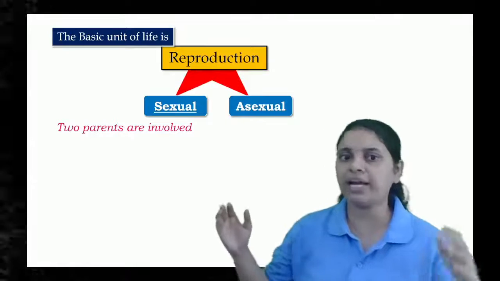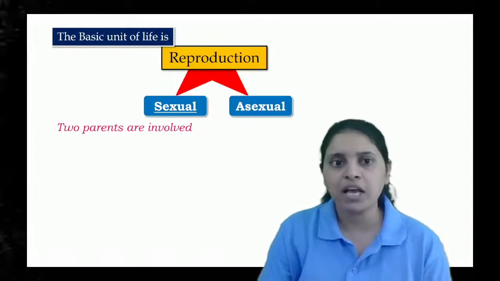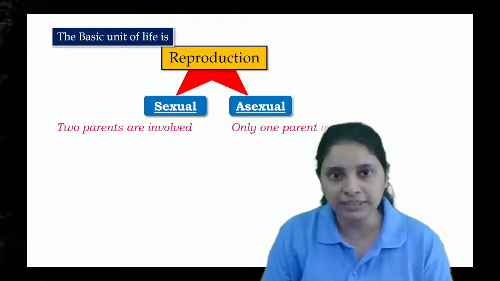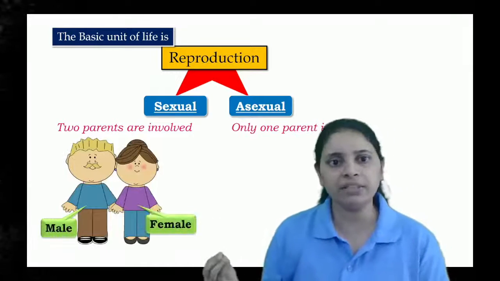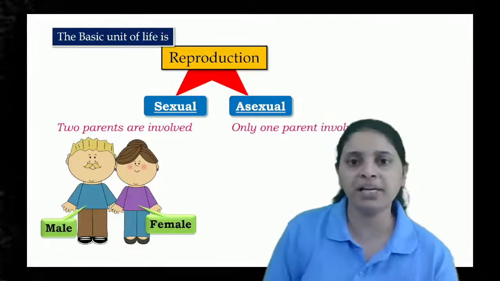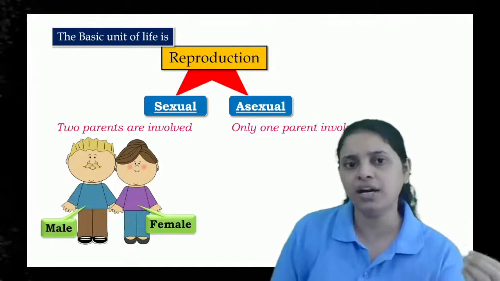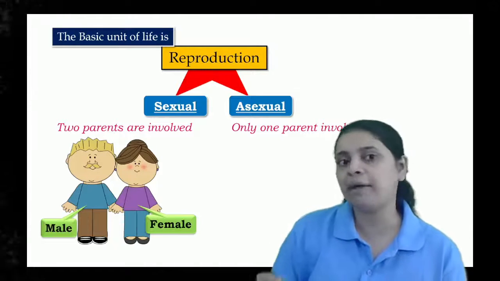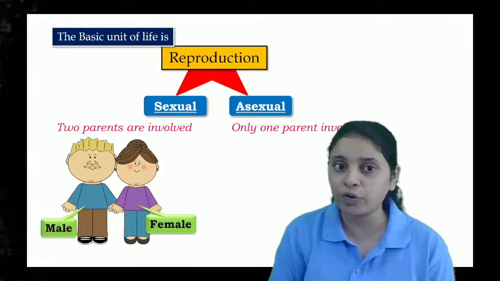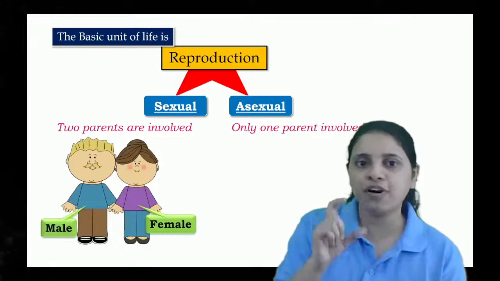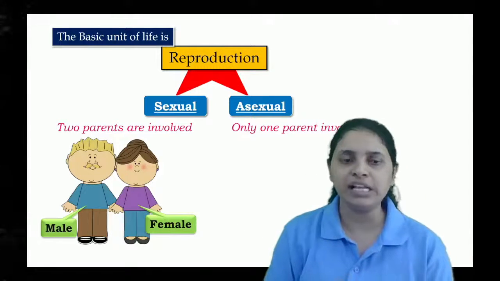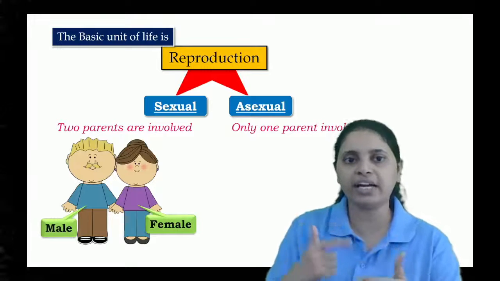Now, in sexual reproduction, two parents are involved, right? Generally, two parents, male and female, are involved. They will produce gametes, that is the male gamete from the male parent, and the female gamete, that is the egg cell, from the female parent. These gametes will fuse to form a zygote, and this zygote is the first cell of the new individual. This zygote will keep on dividing again and again.